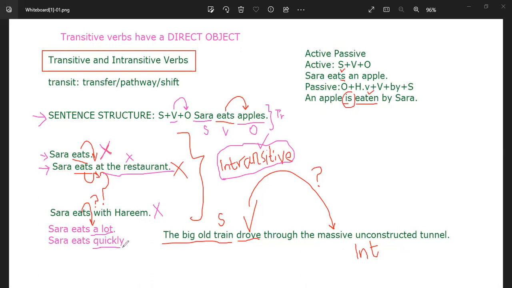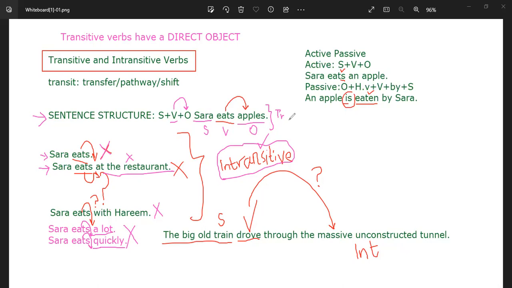Next lecture is adverbs. We have to complete verbs first. So Sarah eats a lot. Sarah eats quickly. In both cases, we do not know what she eats. What exactly is it that she's eating? We do not know. So again, these verbs also are intransitive, right?